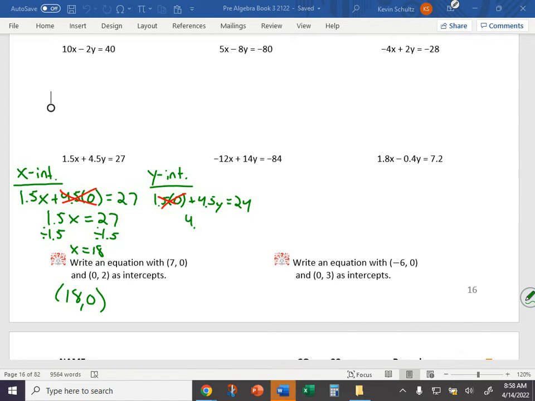And you're still going to be left with a one-step equation to solve. 27, sorry, thank you. 27. And what is 27 divided by 4.5? Blake? 6. So y equals 6. And 0, 6 is your answer.